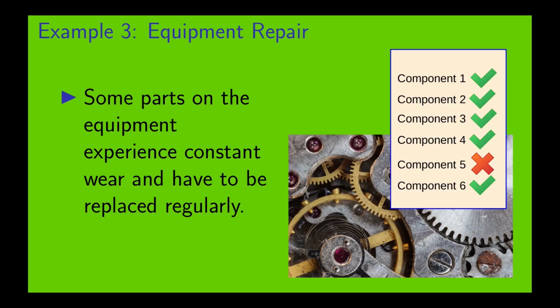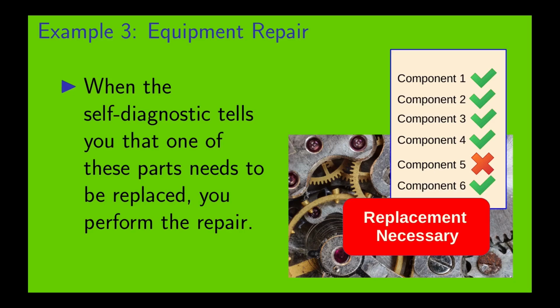Now, some parts on the equipment experience constant wear and have to be replaced regularly. So this kind of error happens all the time. When the self-diagnostic tells you that one of these parts needs to be replaced, you perform the repair.